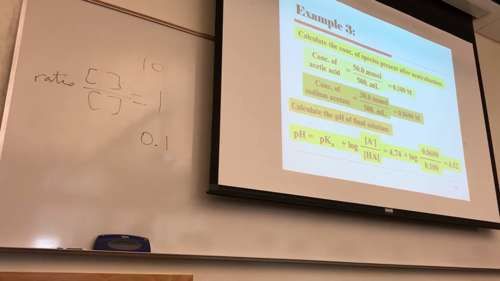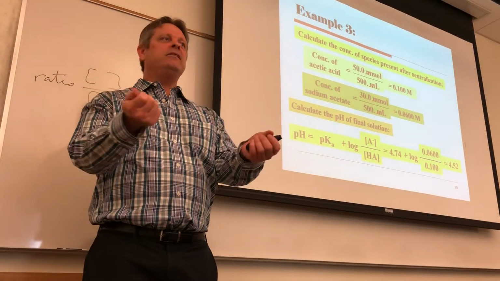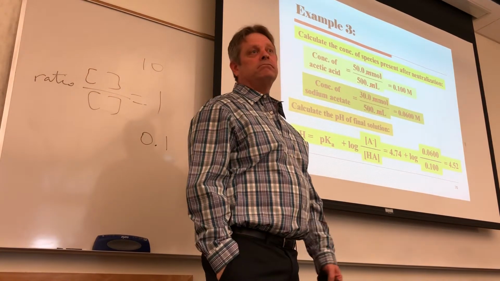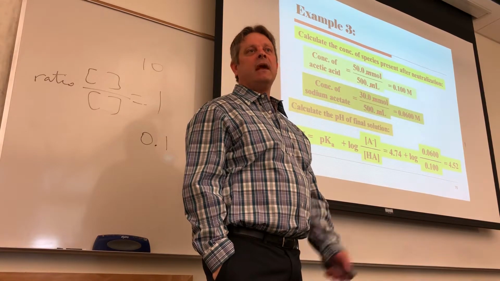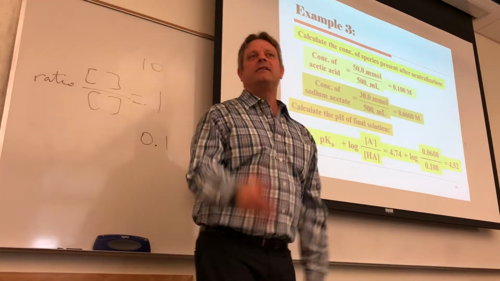That wouldn't be all that challenging for you at this point. It's similar, over and over. But the value of a question like that is that you're figuring out how to make the buffer and what it means, and then what changes occur when adding something to it. And I may give you the Kb instead of the Ka. I could make Kb into the Ka, and I could put in acid instead of base, or whatever.